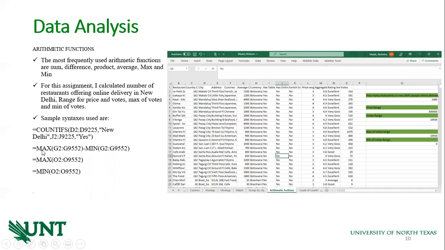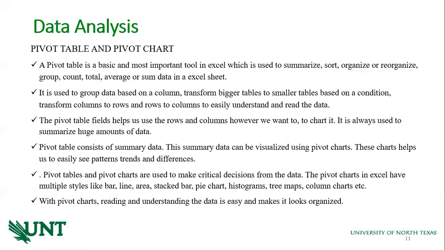The sample syntaxes are shown below, and the results of the questions are in the screenshot on the screen, which says there are 1,489 restaurants that accept online delivery in New Delhi, and the price range is 80,000 rupees, with a votes range of 10,934.